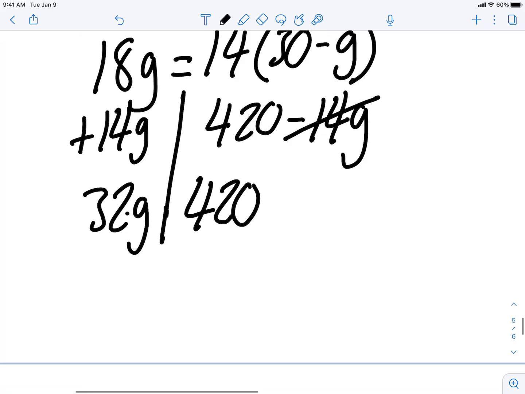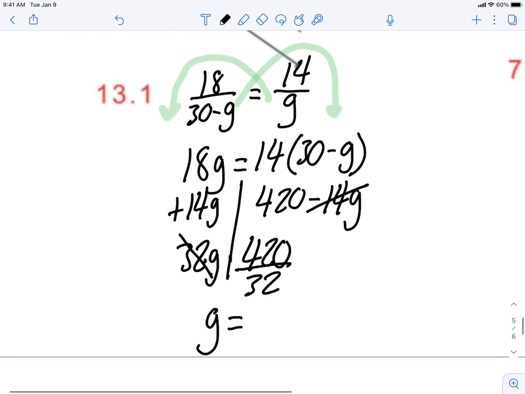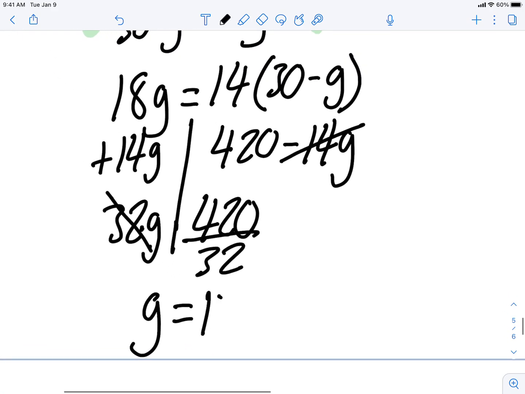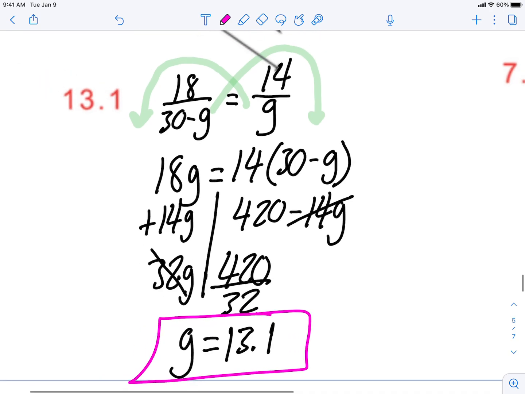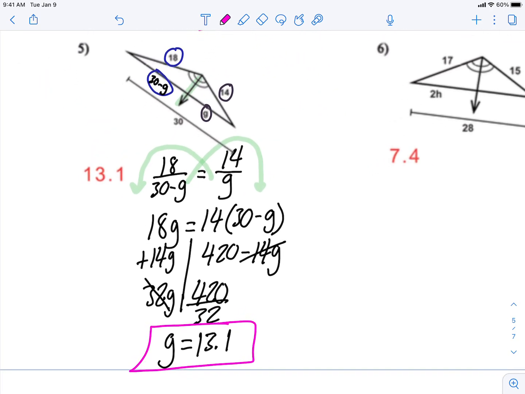The opposite of multiplying by 32 is dividing by 32. And I get G is equal to 13.1. And that right here, kiddos, is our solution for number 5.